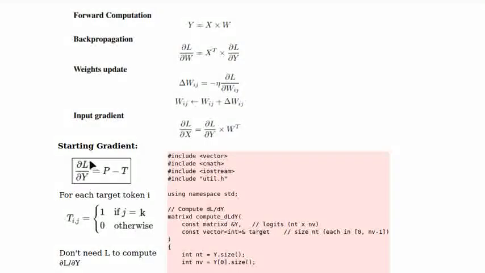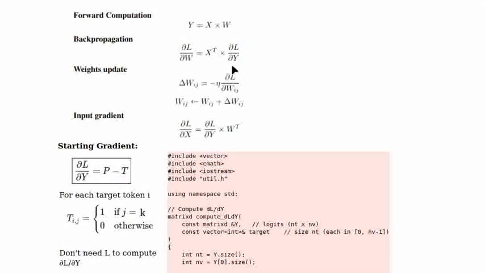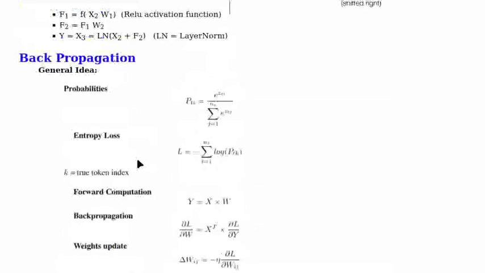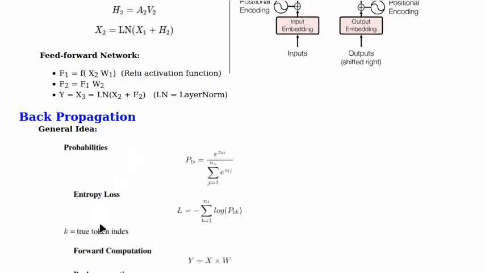So this is the starting gradient, dL dY, which is equal to P minus T. So P is obtained by this formula, the softmax, okay? And T is the target matrix, given by this formula. Okay? So T_ij is 1 if j is equal to k, k is the actual token index.